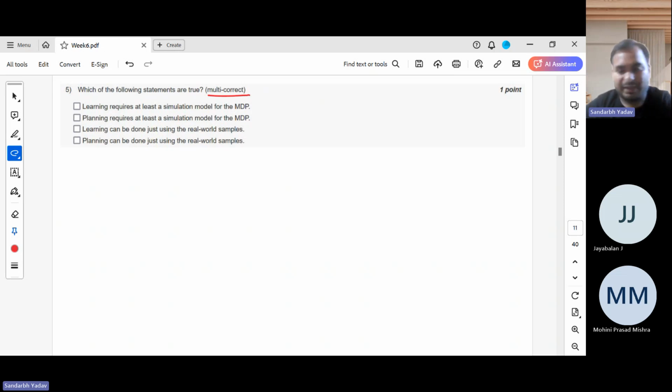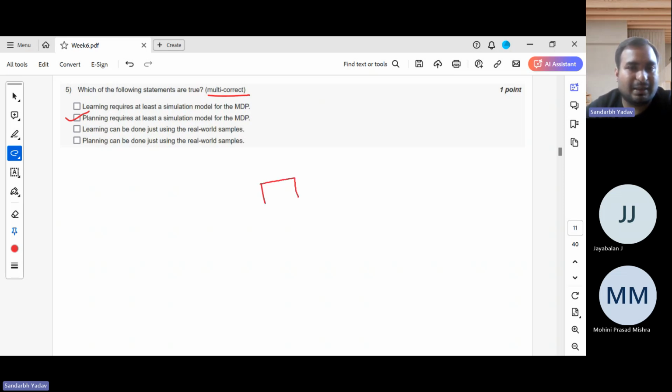So planning requires at least a simulation model. This option is definitely correct. But learning can be done using just real world samples, because in learning you don't need to see what could have happened. You will simply see what is actually happening in the real world.